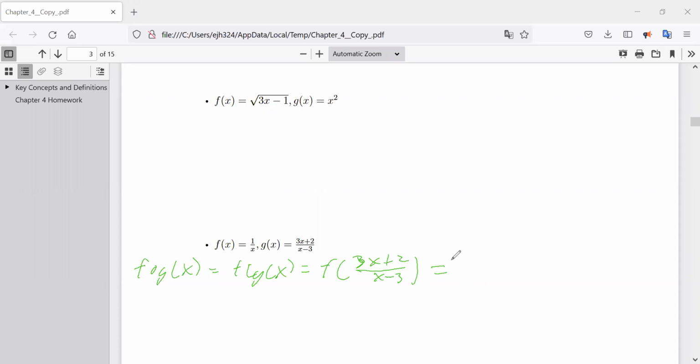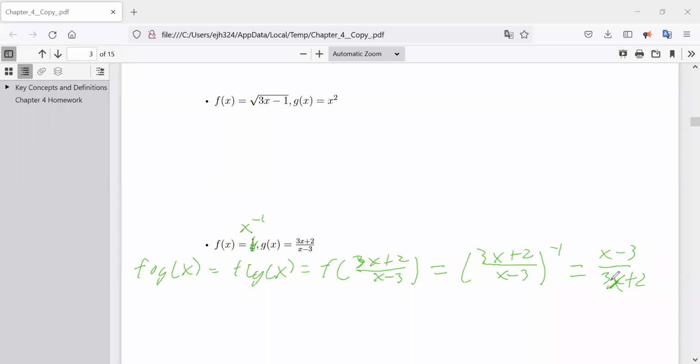So everywhere we see an x, we're going to replace it with this. And I'm actually just going to rewrite this as x to the negative 1. They're the same thing, they're equivalent. That gives us 3x plus 2 divided by x minus 3, to the negative 1. And that's just going to have us flip this over. So it's going to make this into x minus 3 divided by 3x plus 2.